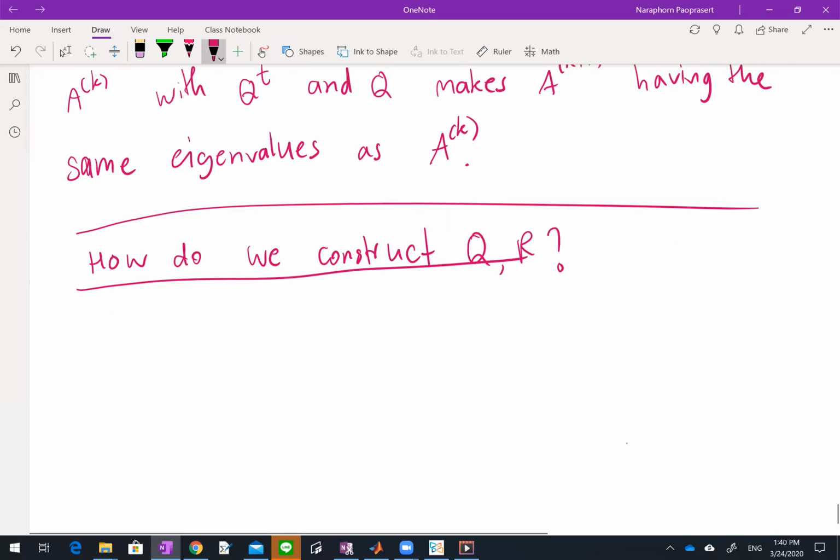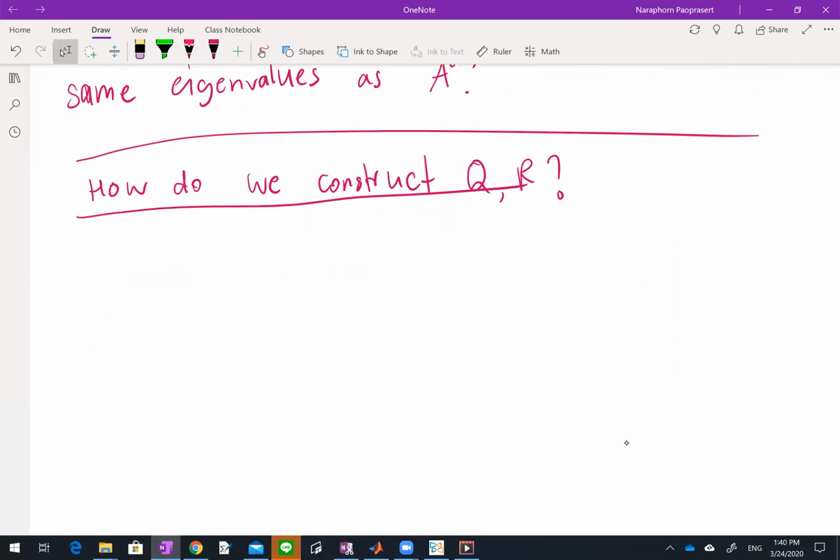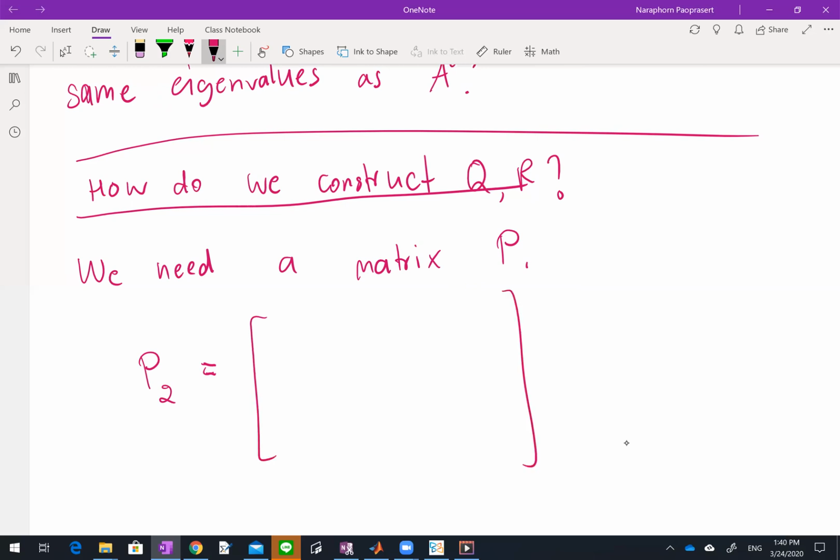So in order to construct Q and R, we need a matrix P. The matrix P here, starting with P2, I don't know why they start with P2 rather than P1, but they started with P2 in the textbook, so I'm just going to do P2. So for a 3 by 3 matrix, an example is like this.